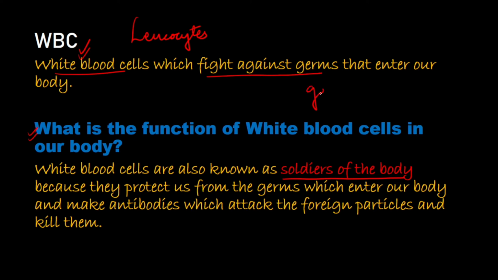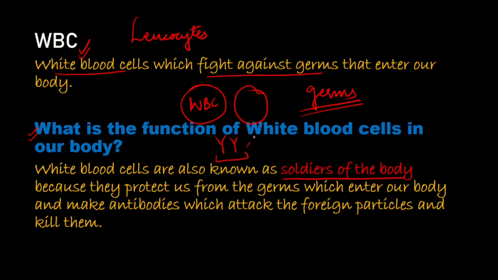Whenever any germ, it can be any microorganism or any foreign particle, enters our body, the WBCs in our body recognize those germs as the antigen and they produce antibodies, right? These antibodies kill those germs by attacking them, and in this way the WBCs, the soldiers of our body, help us to stay protected.